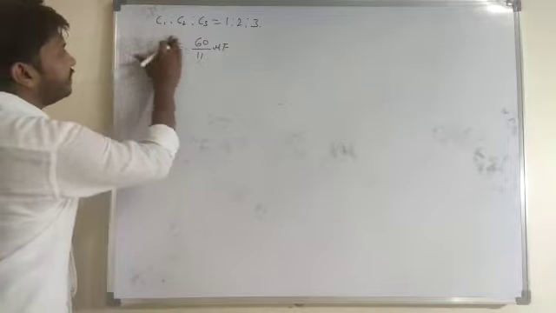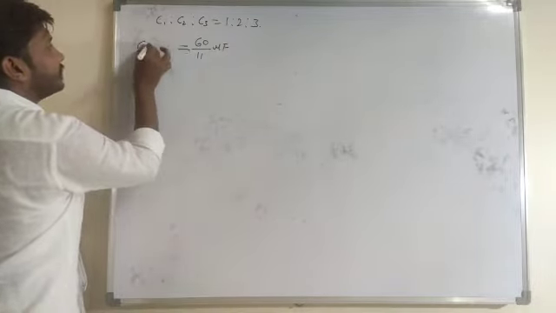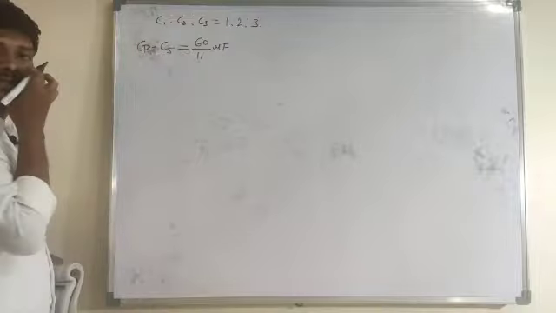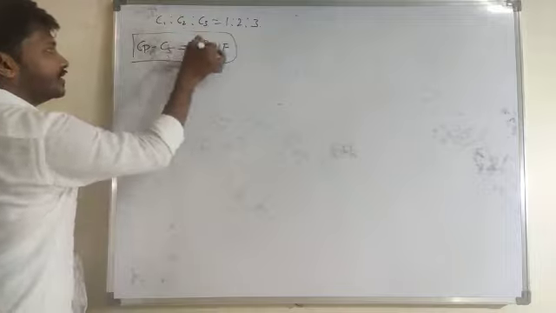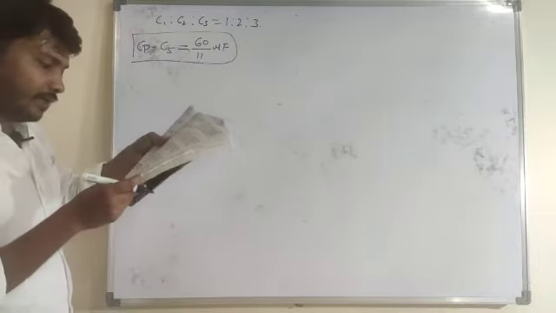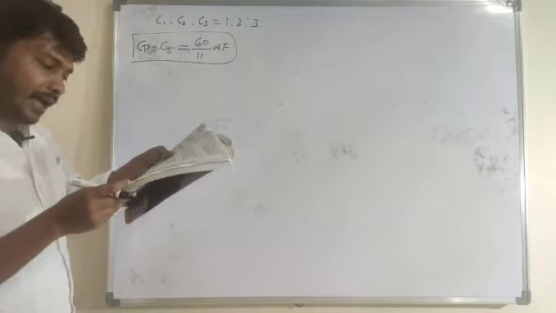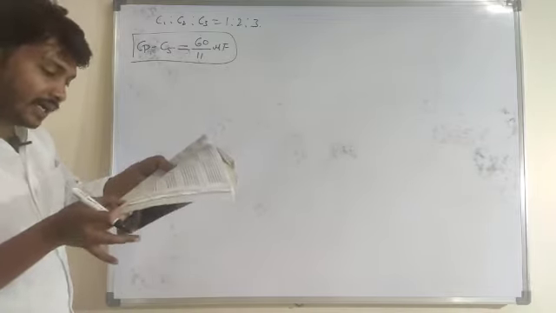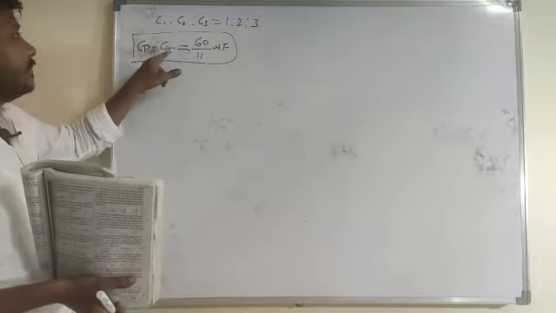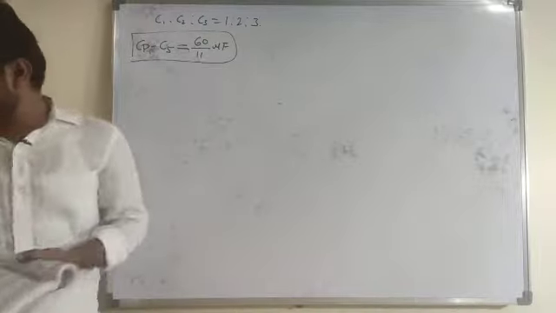So I will take Cp minus Cs, and its value is 60 by 11 microfarad.